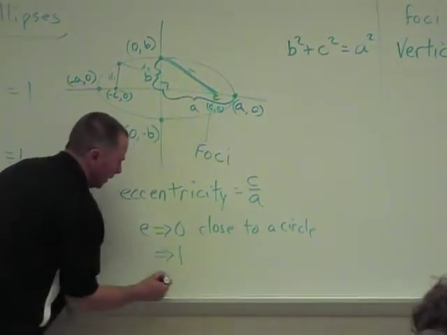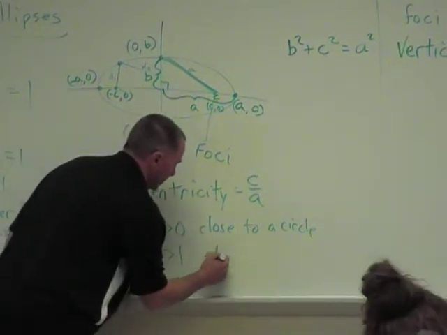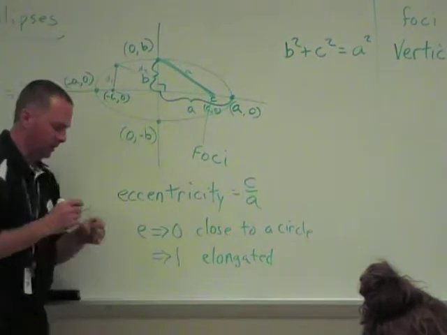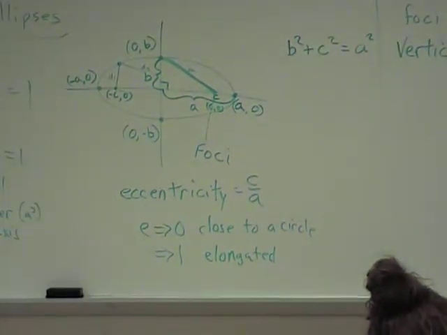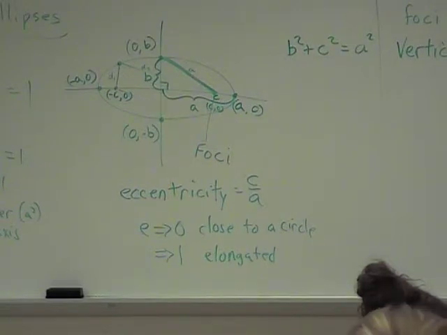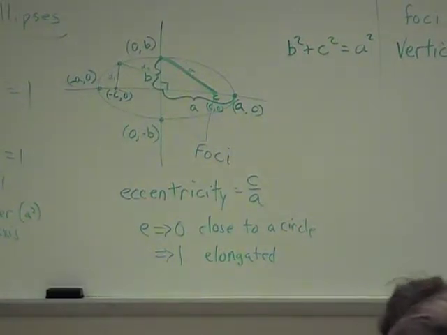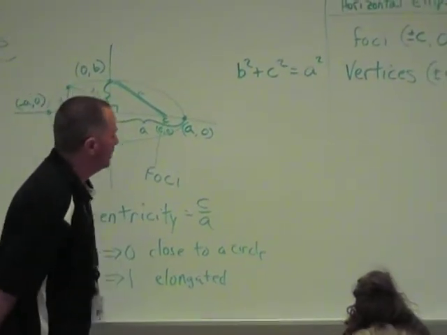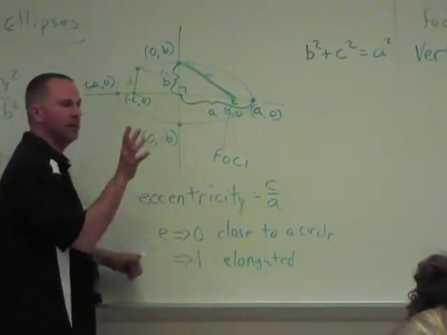And if it's close to 1, it's elongated, more like an ellipse. So the eccentricity is going to be a fraction. I want you to think about this.